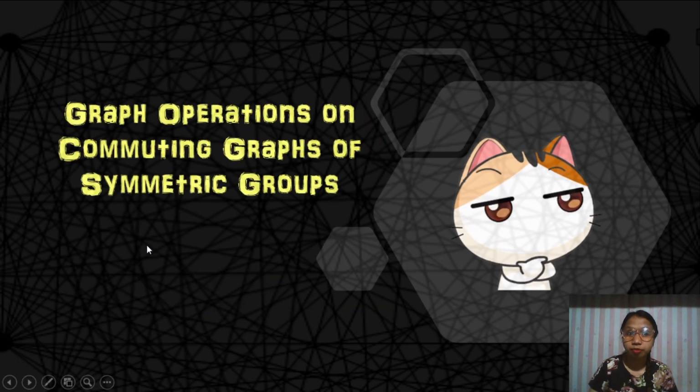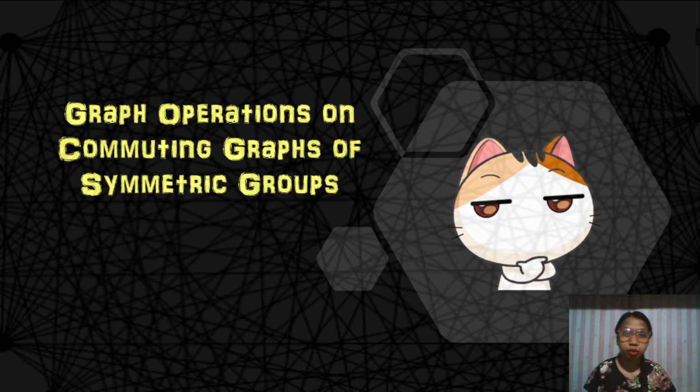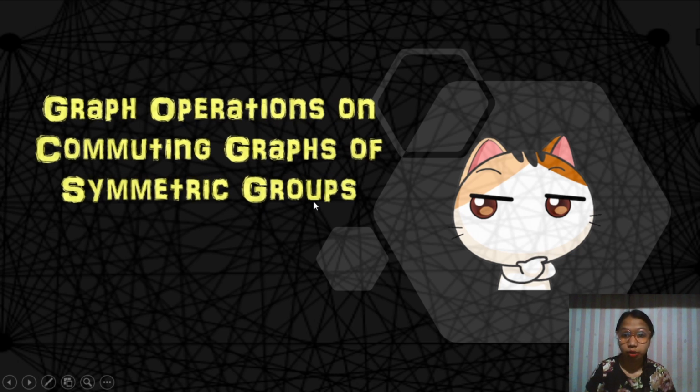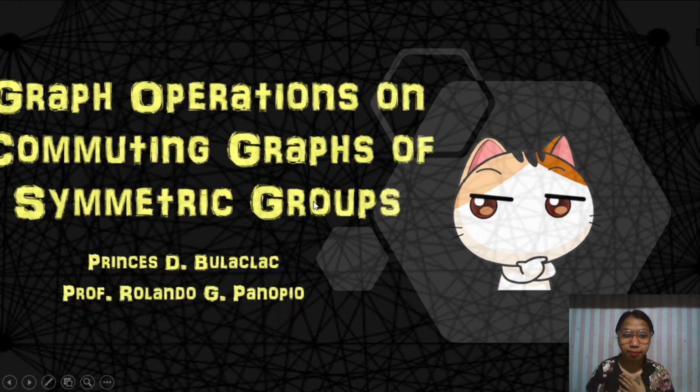Okay, so for this session, I'll be presenting the results of a study entitled Graph Operations on the Commuting Graphs of Symmetric Groups. This study was done by yours truly and my undergraduate thesis advisor, Professor Rolando G. Panopio.